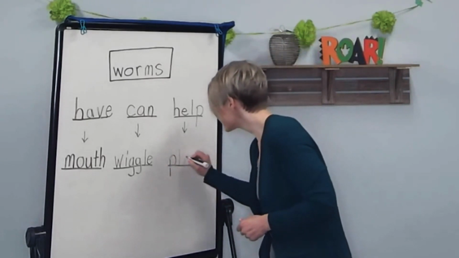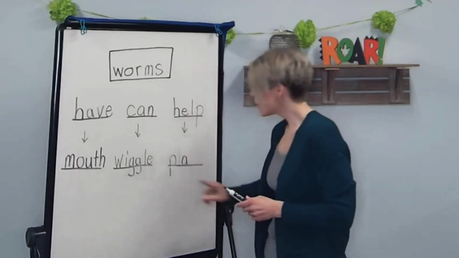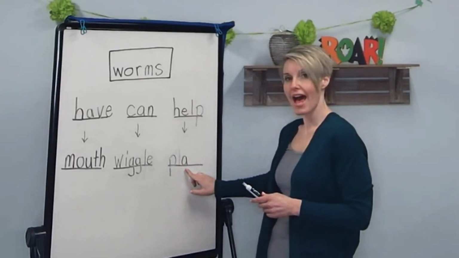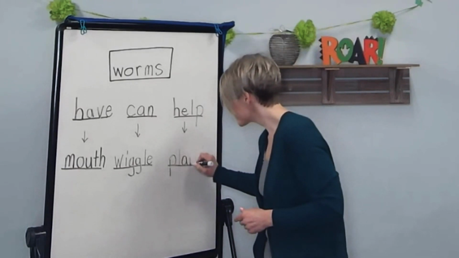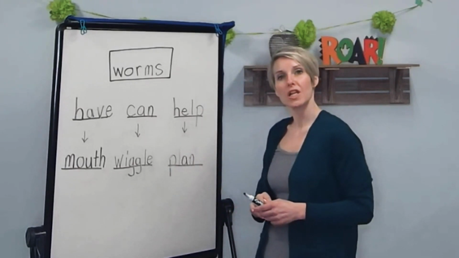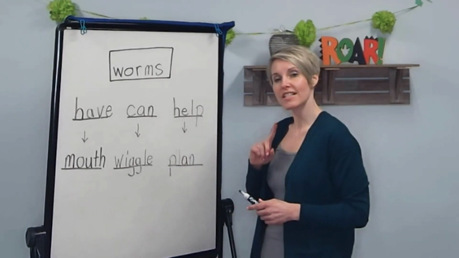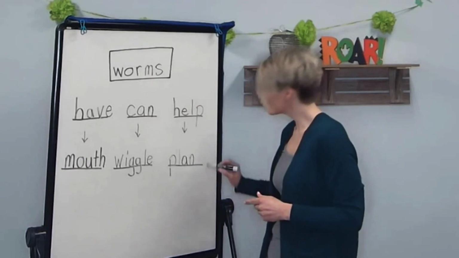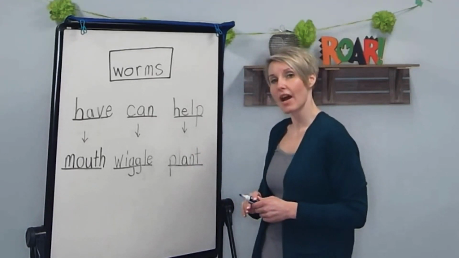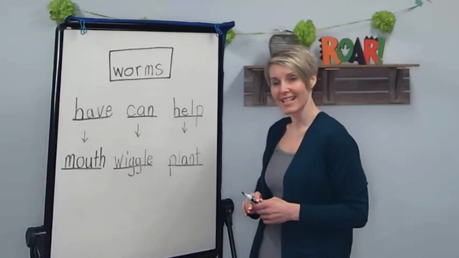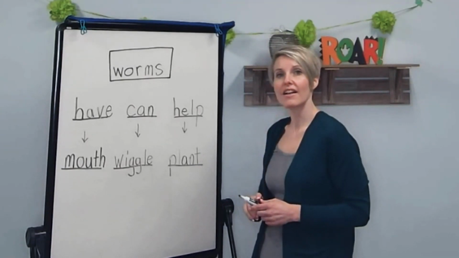That's A. N is the next sound. And t. Do you hear the T? And the last sound we hear in the word plants is S. That's an S.